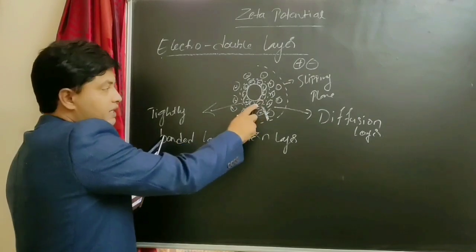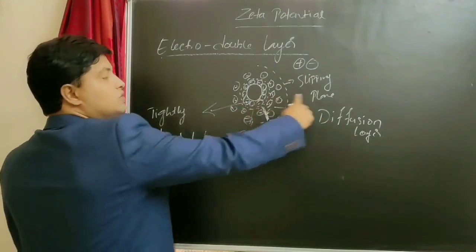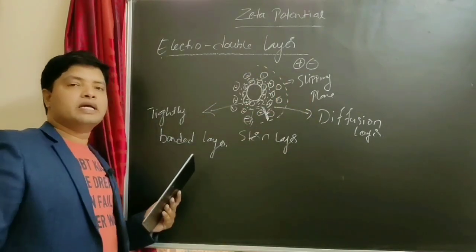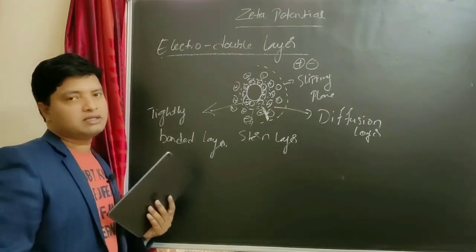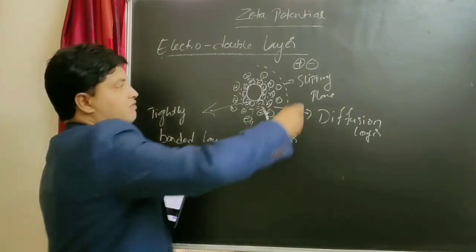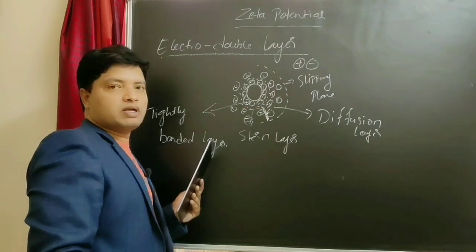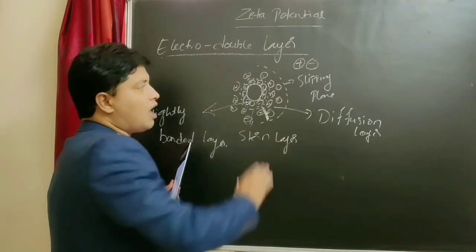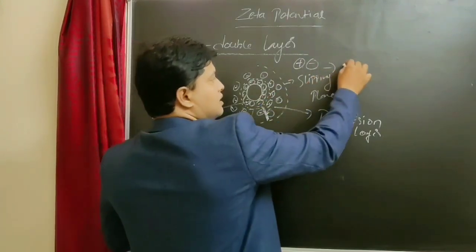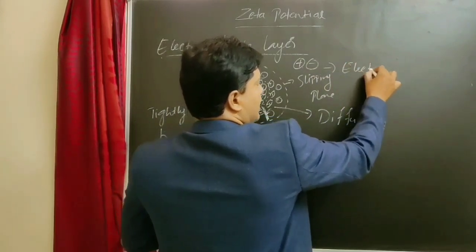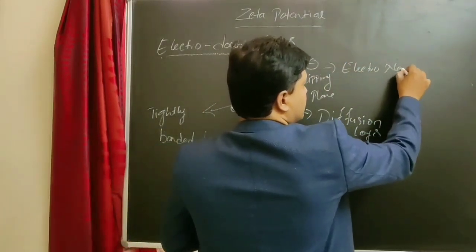Here it is not equal; the charge is negative. As you go away from this, there will be an equal distribution of positive and negative ions. We call the region above the slipping plane where positive and negative ions are equally distributed the electroneutral region.